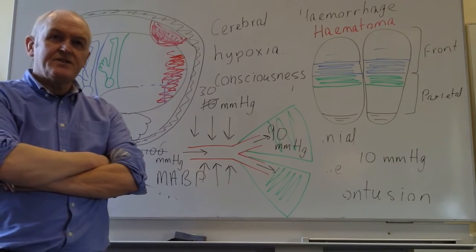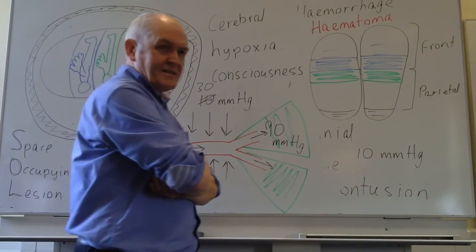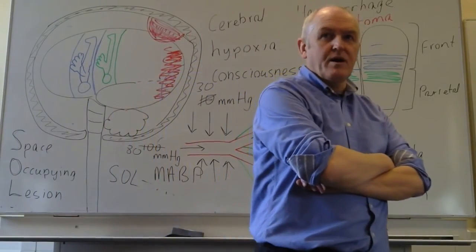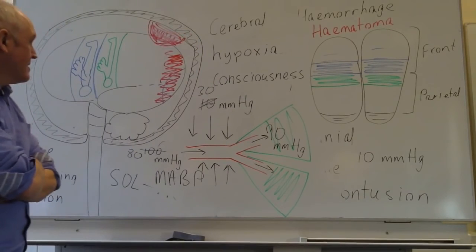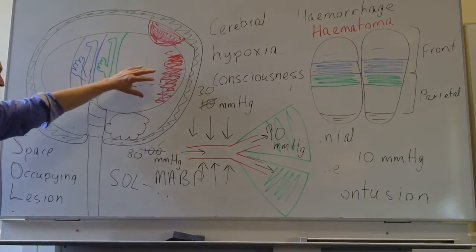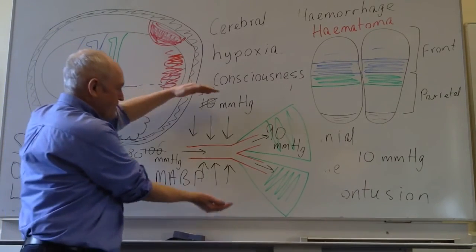So what's happened is there's an injury that's caused a lesion. The lesion has expanded and it's become space occupying. It's now a space occupying lesion. The space occupying lesion has raised intracranial pressure. The raised intracranial pressure is pushing on the blood vessels.